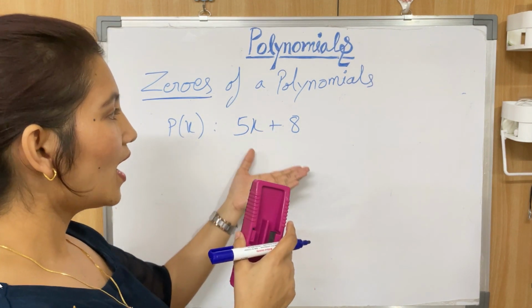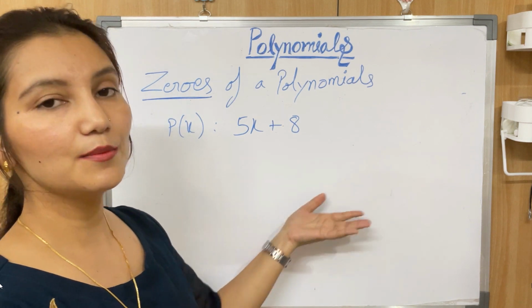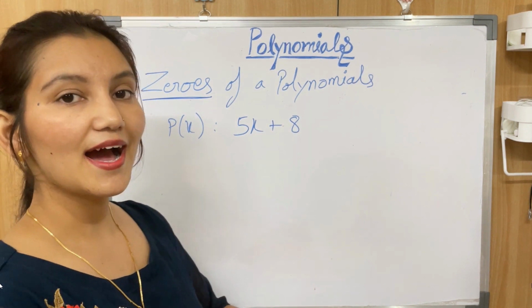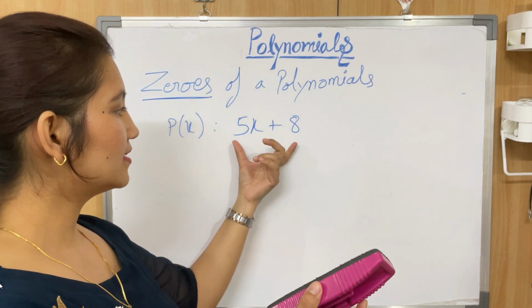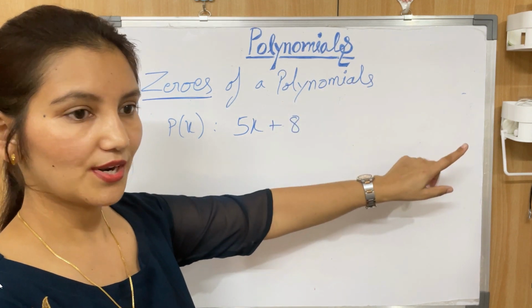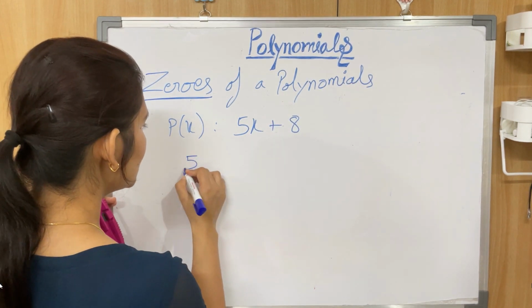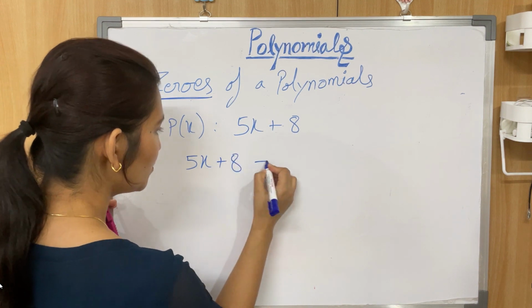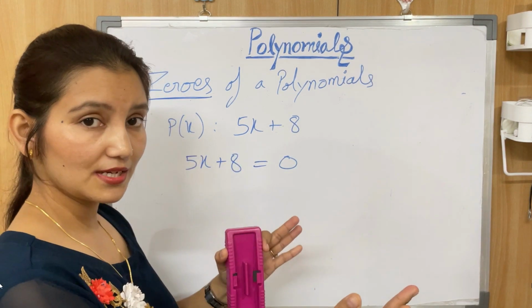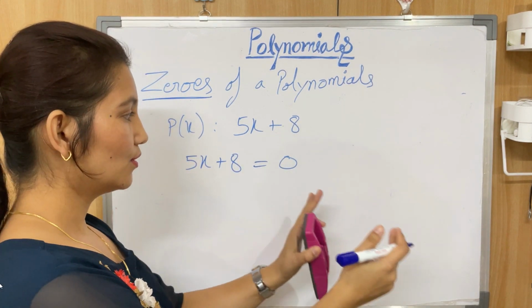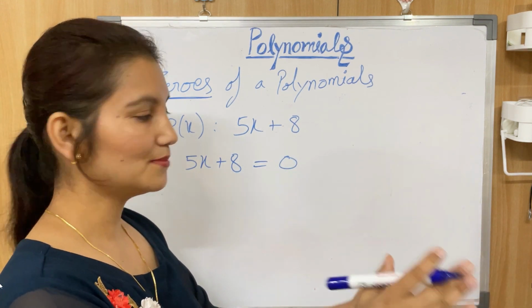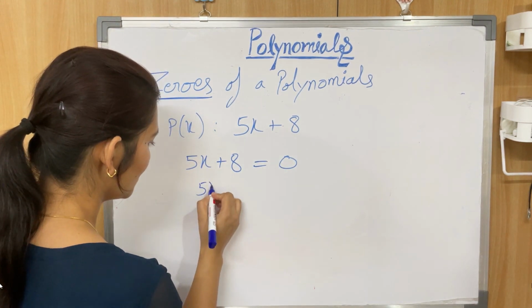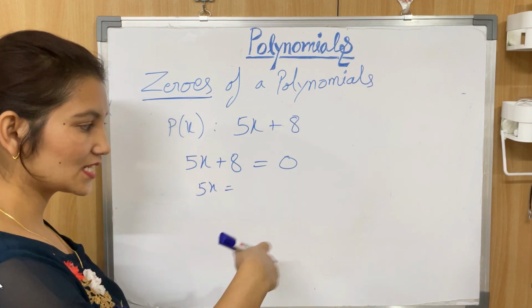So how are we going to find the 0 of any polynomial? For that, we just need to equate this expression to 0. We are assuming that it has reduced to a 0.